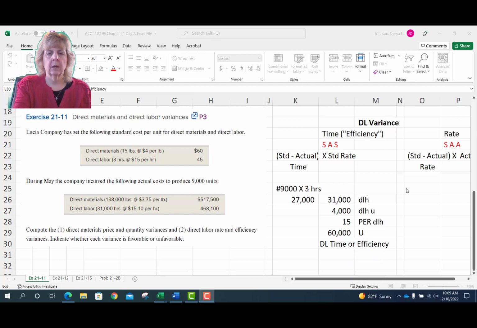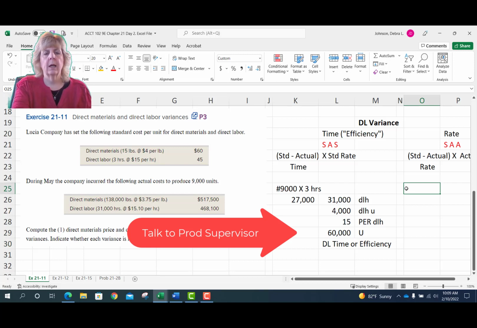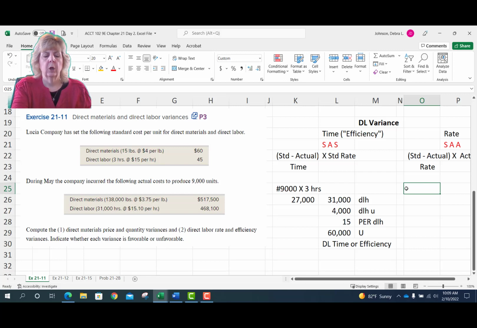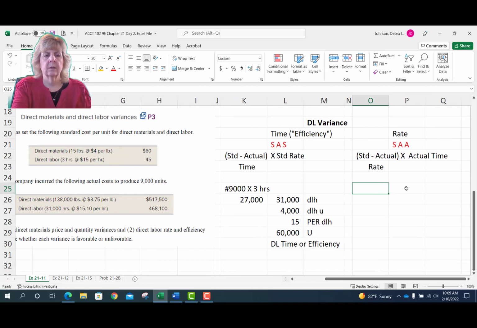Someone needs to be talking to that production supervisor to see why we were not as efficient as we could have been. Moving over to the direct labor rate variance, SAA is the acronym. We want to take the standard minus the actual rate and then multiply that by the actual time.